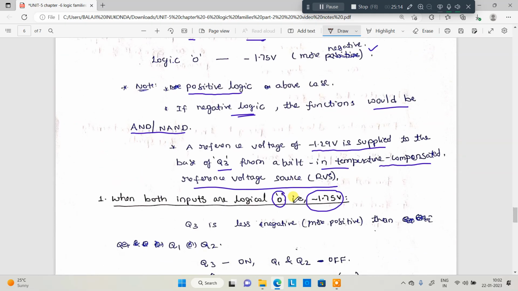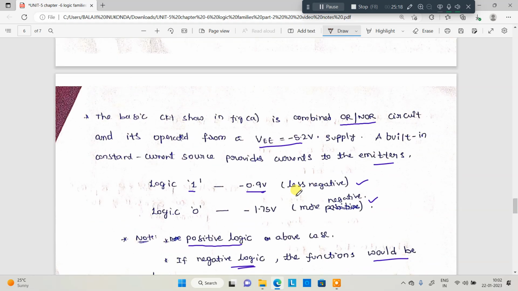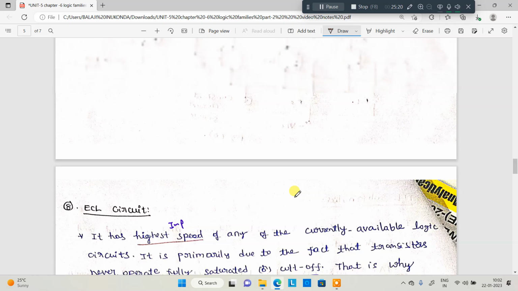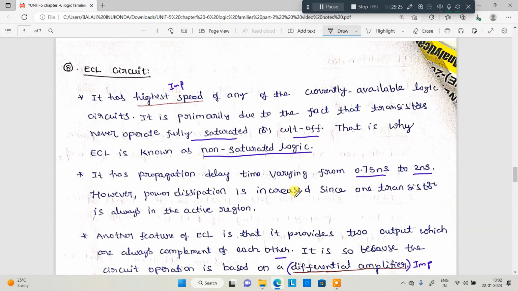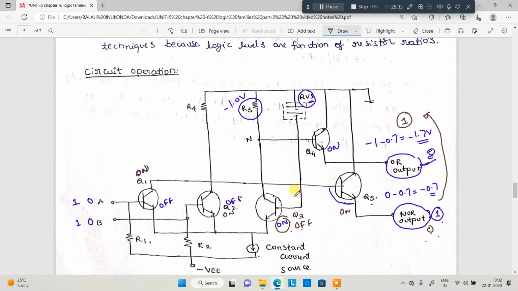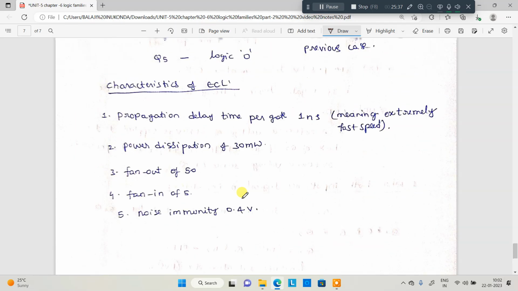So this is enough for the explanation, but you are attending a competitive exam. That's why here is the final important conclusion I made from this video. The ECL circuit is a very fast circuit, but power consumption is more compared to the remaining ones. But it is the fastest device presently available. Another thing, the characteristics of ECL.